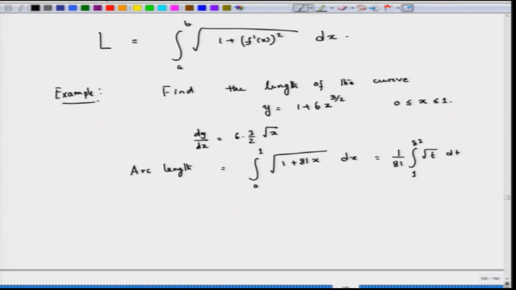So, similarly, you can find the length of a curve whenever the curve is given in the equation y equal to f x: you calculate f prime and look at the interval in which you are trying to measure the length of the curve, and that is going to be essentially through the integration.